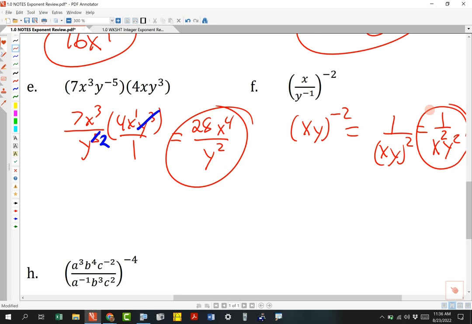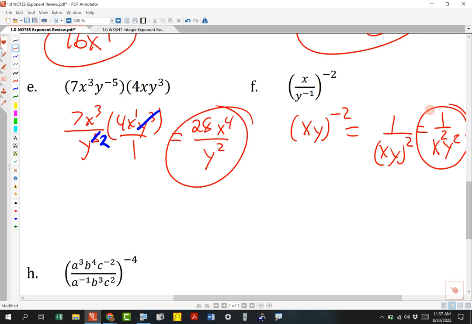What does the negative mean? Reciprocal. So that means I take the y from the bottom and put it on the top. Am I correct about that? Yes. Was there anything wrong with the x on the top? No. So it's still an x to the first on the top, and now this is a y to the first on the top. Everybody good with that? What does negative mean? Reciprocal. So I'm going to take this expression and flip it to the bottom, leave the parentheses and everything, and the only thing that changes is that now it's a positive exponent.